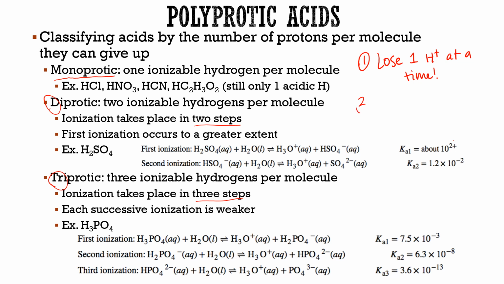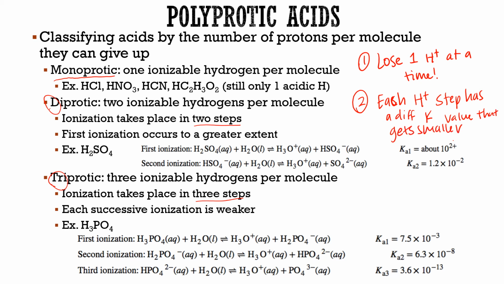The second main point you need to know about polyprotic acids is that each hydrogen step has a different K value that gets smaller.